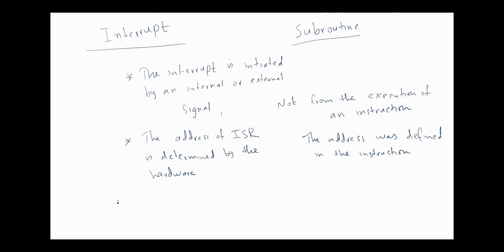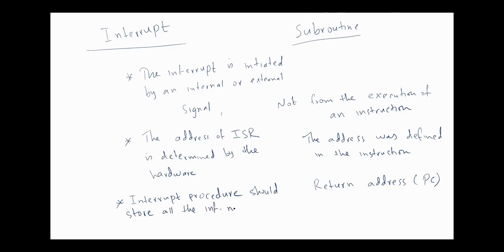And the last thing, in subroutines, we need to save the return address only, which is the contents of the program counter, while interrupt procedure should store all the information necessary to define the state of the CPU.